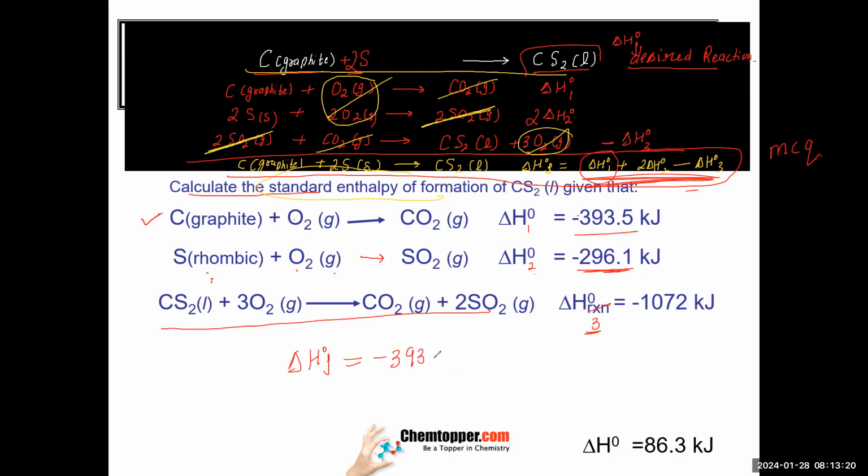I hope all eyes are here on the whiteboard, because if you miss this understanding, you will miss wonderful questions from your AP exams. Easy, very easy, easy to score. Minus, this is minus, but this is also minus. So minus, and add them. Use your calculator, just addition, subtraction, that's it. And you will get your answer for the formation of CS2 liquid.